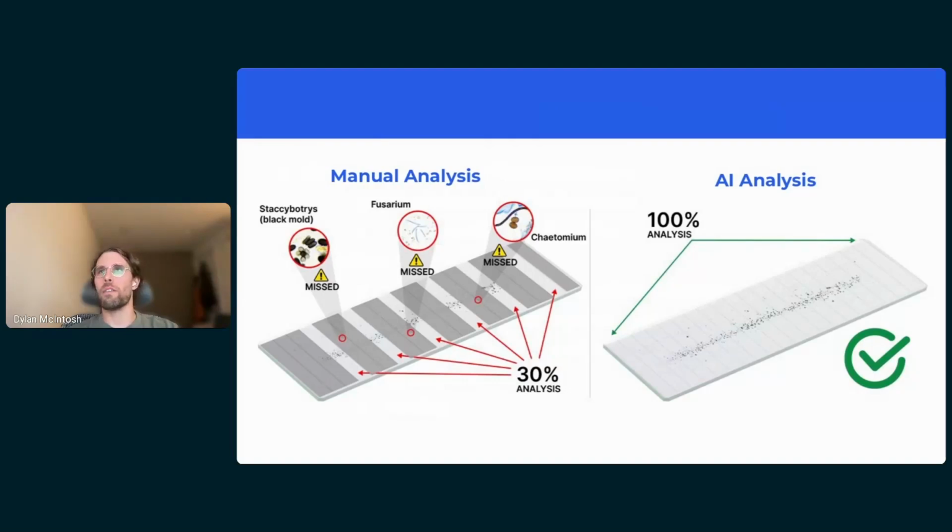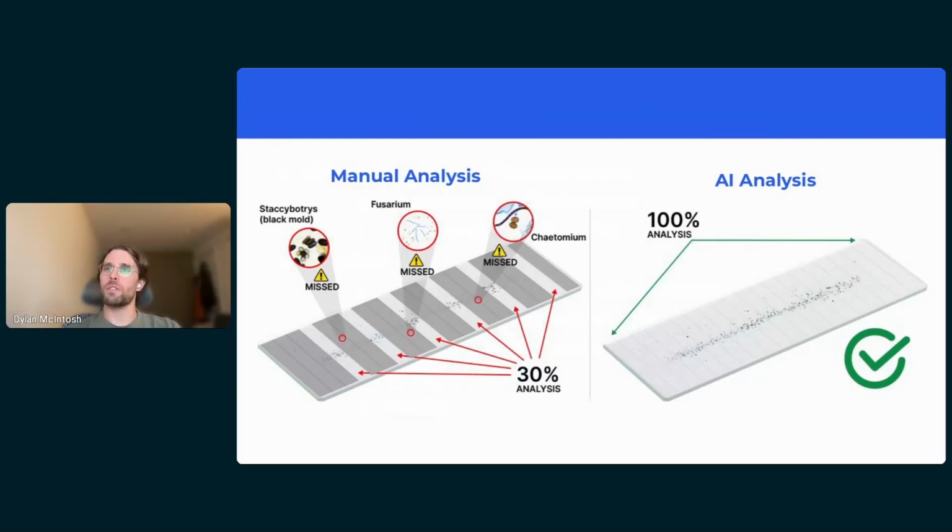Mold tends to have clumps, debris tends to clump as well, so it's not a perfect distribution. So if you don't read every single traverse or slice, you may miss crucial objects, where even just a few Stachybotrys may have a totally different interpretation on that slide if you don't catch it, or if you do.